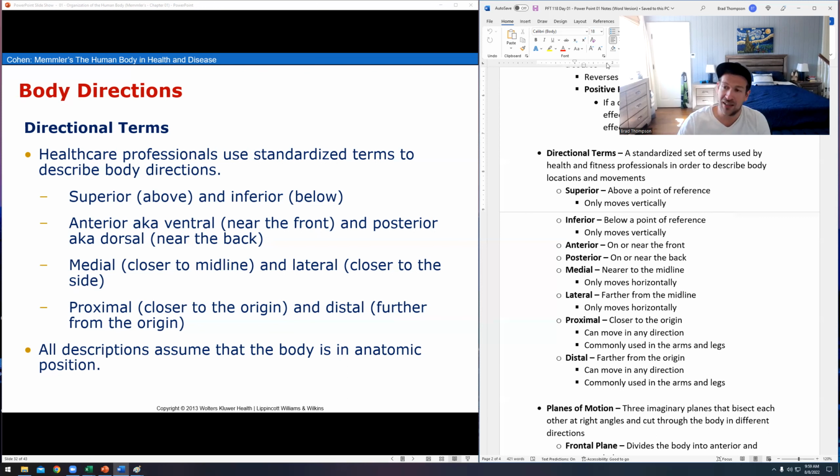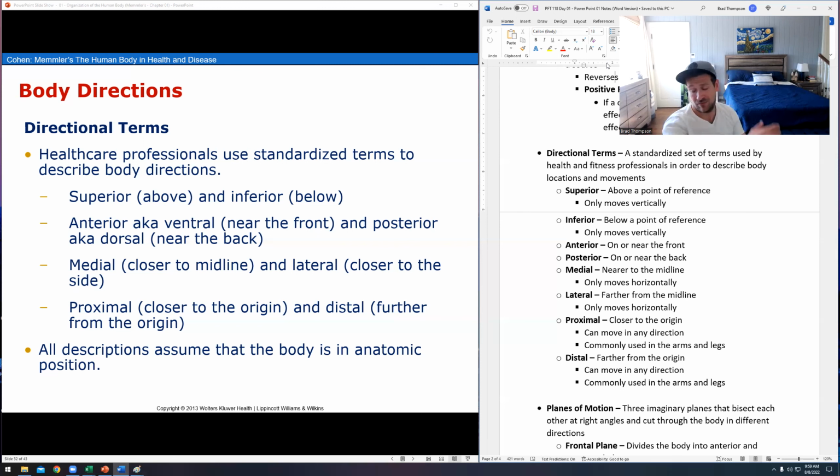Your doctor is going to need a very specific language to speak with other doctors in order to describe where that ache and pain is. Because if they just say it's on the upper part of the arm, that's not very specific. What if this person, this is a scenario that would probably never actually happen, but what if this person was upside down when that doctor was monitoring them?